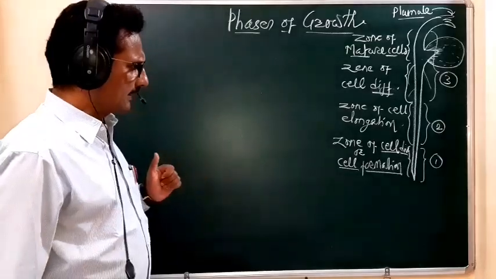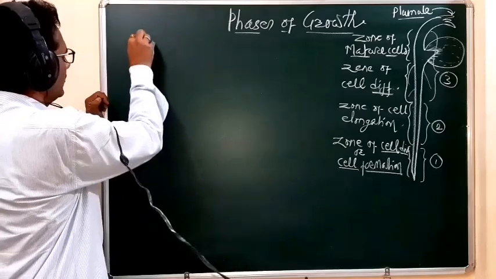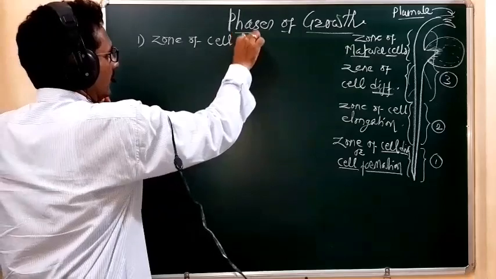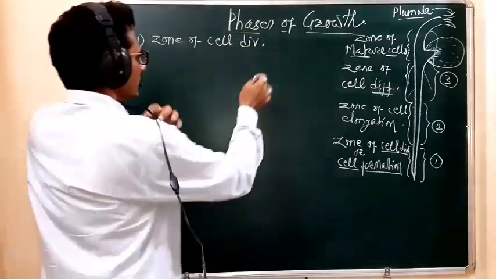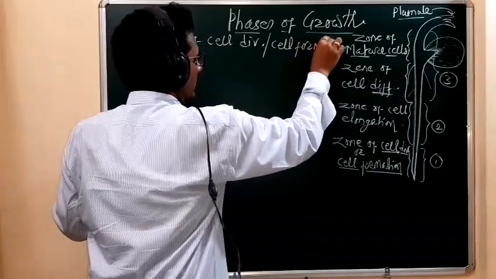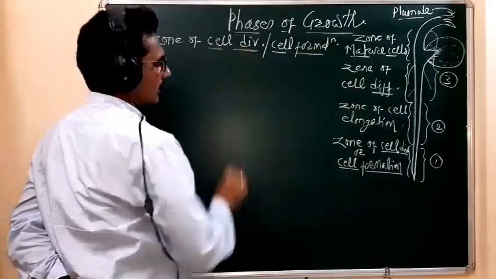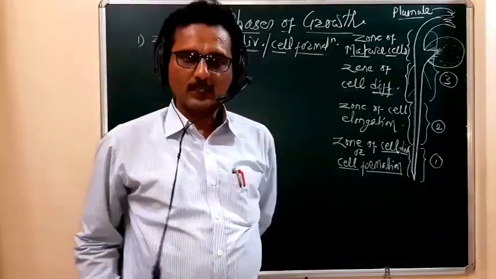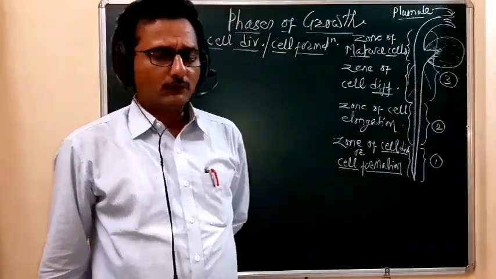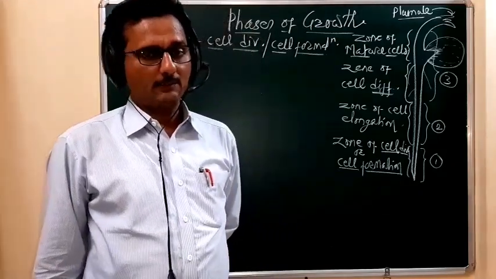The first zone is called the zone of cell division, or cell formation. Where is it reported? It is reported at the meristematic region.